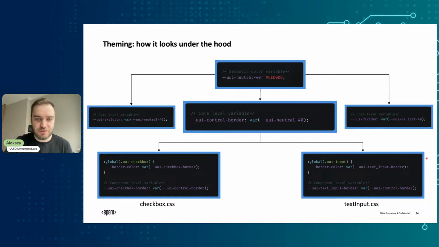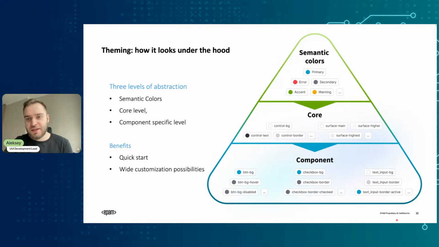Okay, let's go back to our pyramid. As I said on the previous slide, the only level of variables that must be defined upfront is the semantic level. This is the smallest group of variables, which consists only of the expected brand colors. All other variables will inherit values from it according to our predefined defaults.